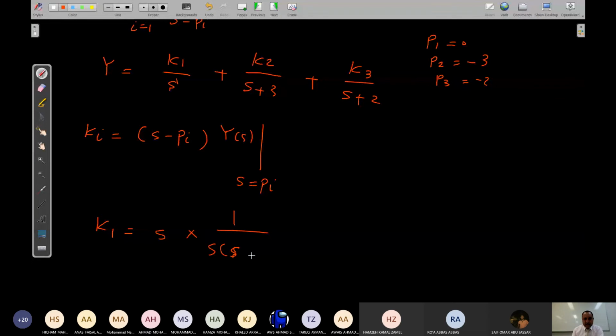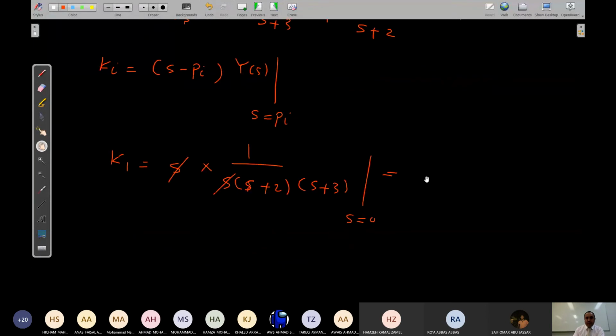It was s plus 2 multiplied by s plus 3, evaluated at which root? At s equal to 0. So this one, according to the Pacman theory, will eat this one, and if I evaluate the math, I will end up with 1 over 6, correct?